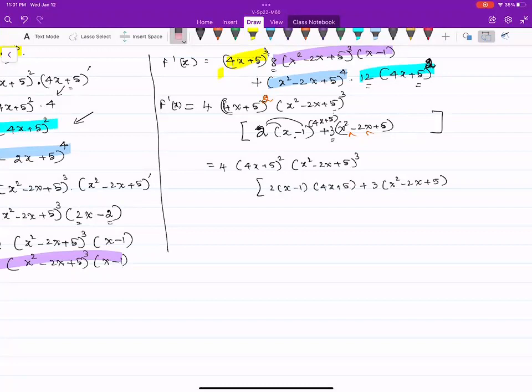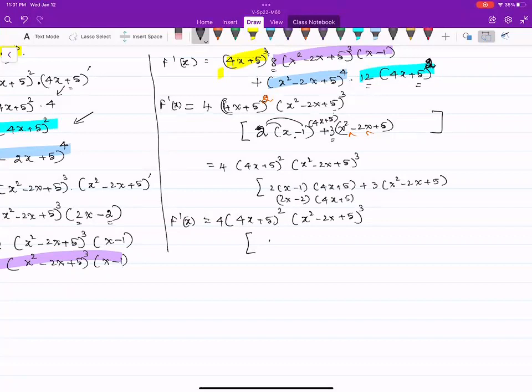So that's all it is. Now we have to simplify only this part. It's all algebra now. That's 4 times (4x plus 5) the whole square times (x squared minus 2x plus 5) the whole cube. Then you have (2x minus 2) times (4x plus 5).